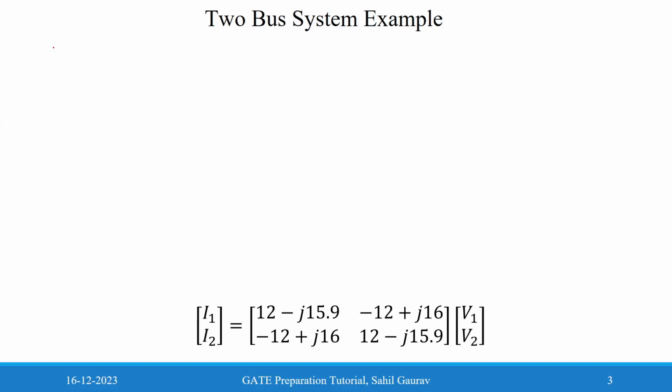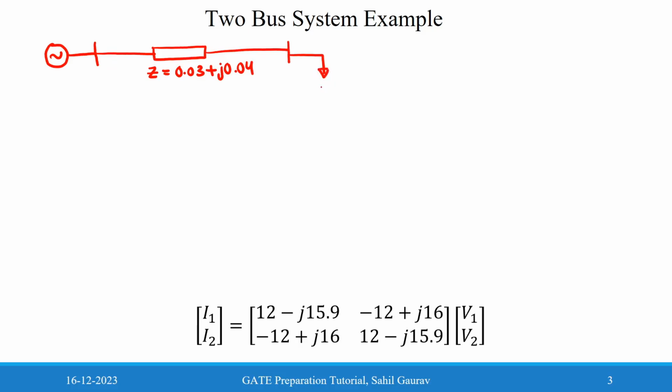At bus 1 one generator is connected, and the transmission line resistance and reactance is given by 0.03 plus j0.04.